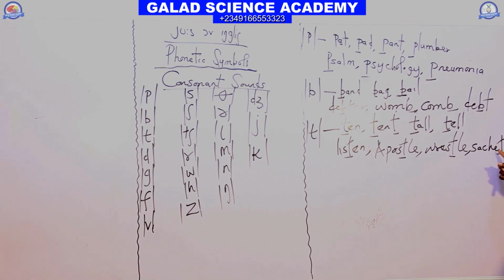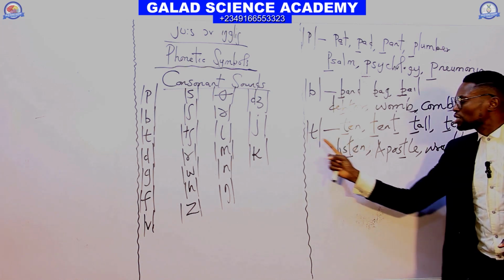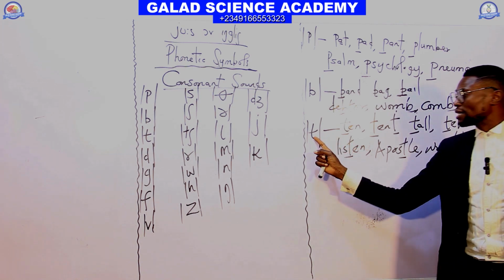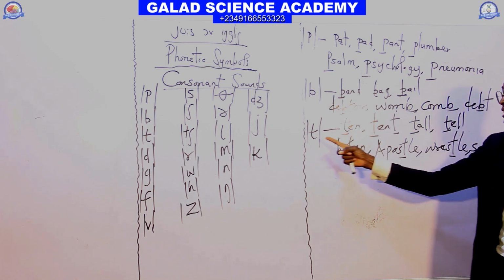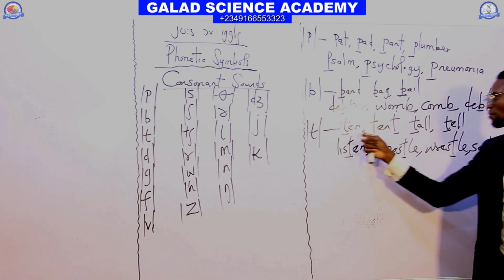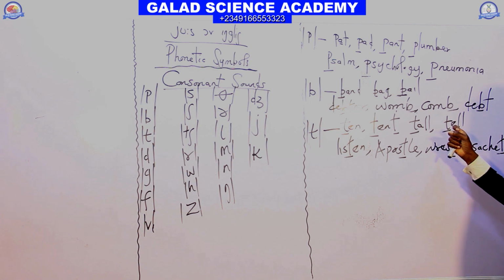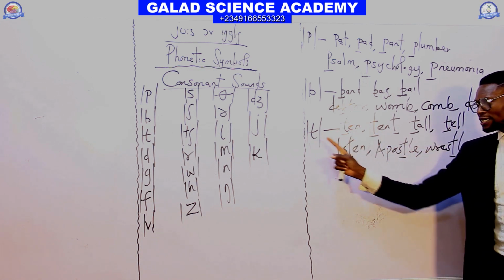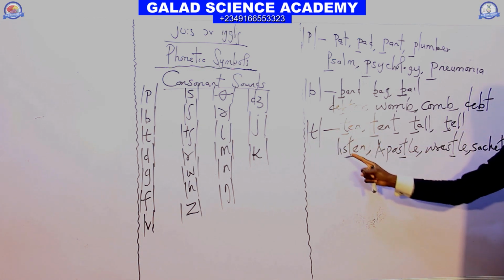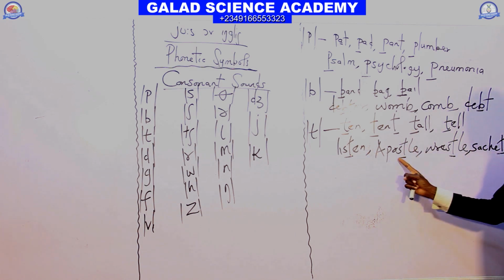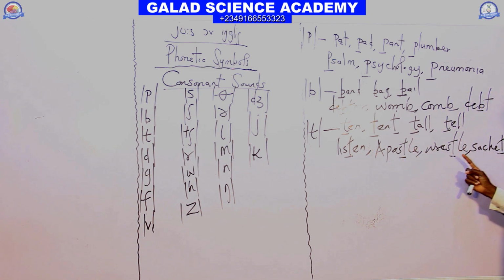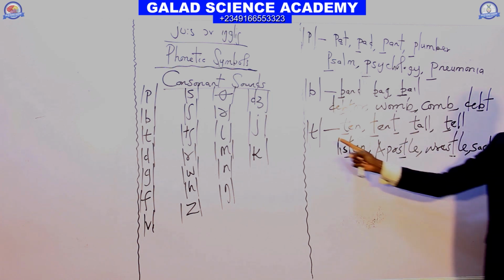The T here is voiceless. So under the voiced sounds, we have ten, tenth, tall, tell. But for voiceless sounds, we have listen, apostle, wrestle, sachet.